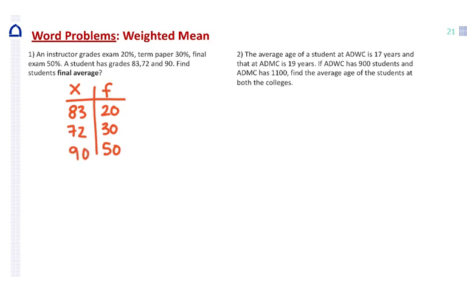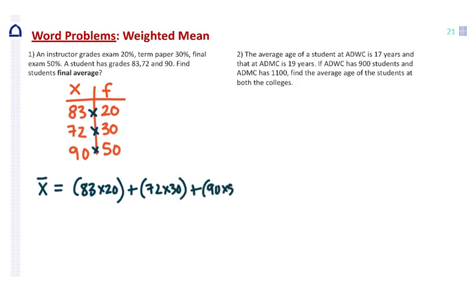So now to find the average, you can either use your calculator, which is mode 3.1, enter your data, press AC, and then press shift 1 4 2. Or we can do the weighted mean calculation where we multiply all of these and add them together. So we would do 83 times 20 plus 72 times 30 plus 90 times 50.